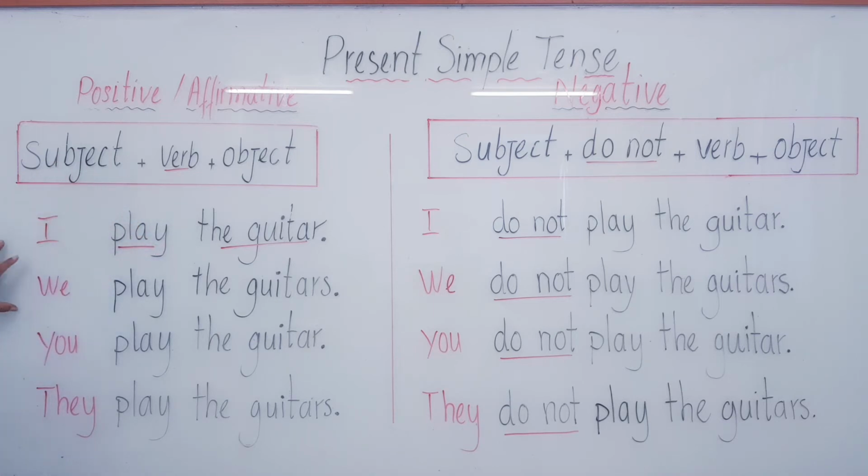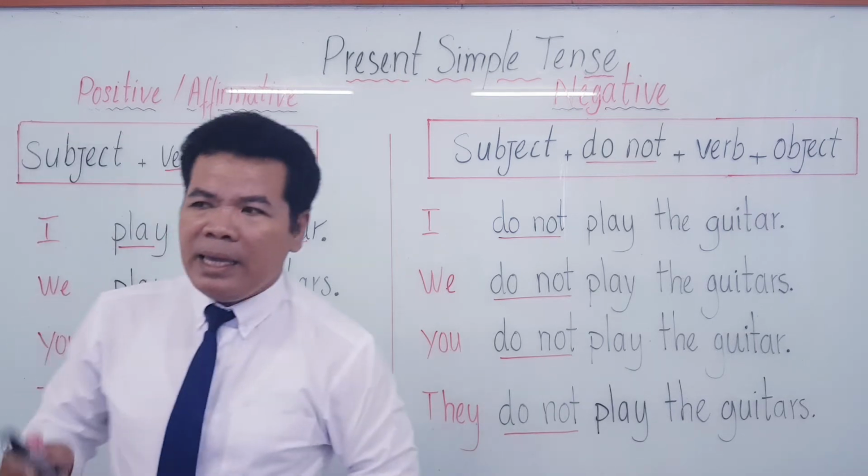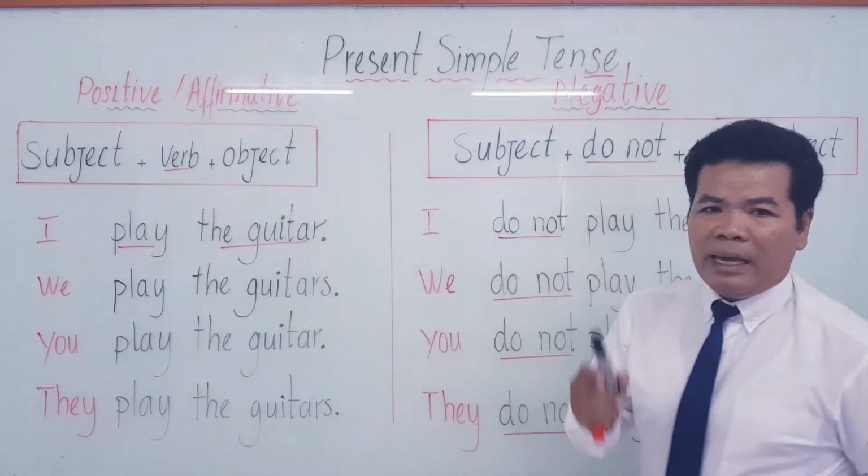You can practice by yourself at home, wherever you are, whenever you are. Not only following my example, you can make this kind of sentence by changing the object. For example, I eat chicken every day.